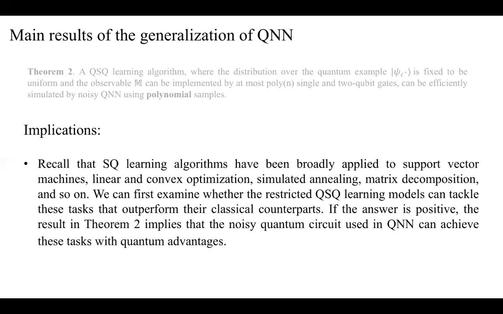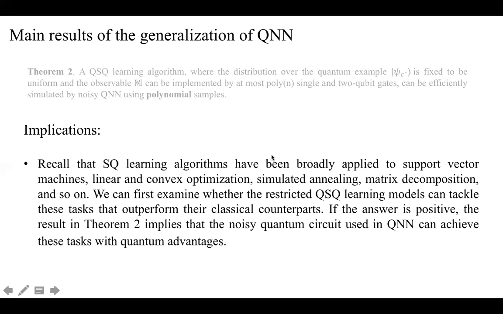This result implies the following. Recall that SQ learning algorithms have been broadly applied to support vector machines, linear and convex optimization, simulated annealing, matrix decomposition, and other tasks. Therefore, we can first examine whether the restricted QSQ learning models can tackle these tasks and outperform their classical counterparts.